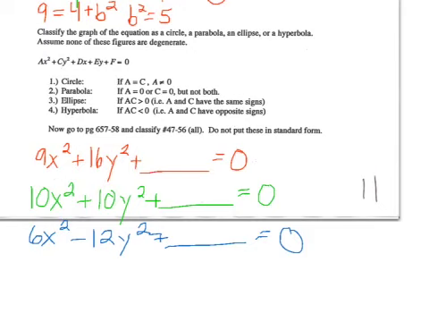And last but not least, if we have a conic section where only one of the terms is squared, then we know that we are working with a parabola. So that is it for section 9.3.